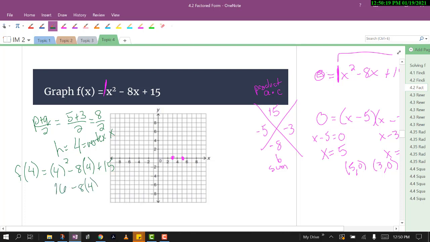Not going to do anything else on this line. Now we can do our multiplication and division, but of course there isn't any. Then we can do our adding and subtracting. 16 and 15 are 31. 31 and negative 31 gives us a grand total of negative 1. So our vertex is at (4, -1).